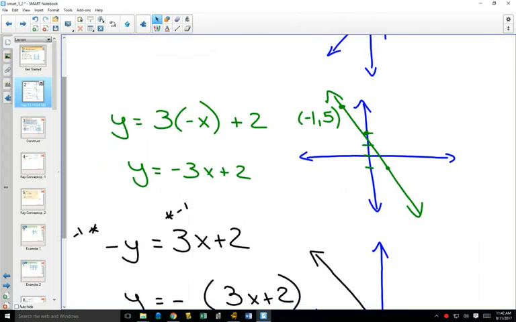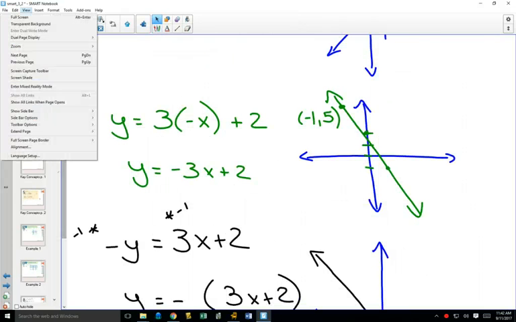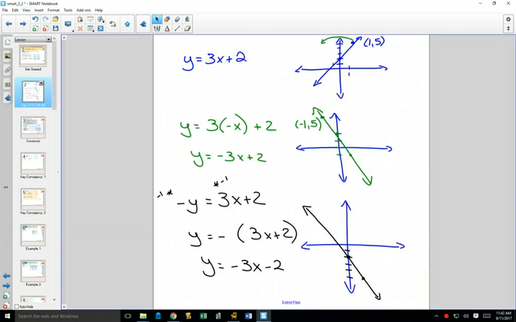And the question is, how does this relate to our original graph? So our original graph is the blue one on the top. What kind of reflection happened here? Can you see that it has been flipped down and over the x-axis?